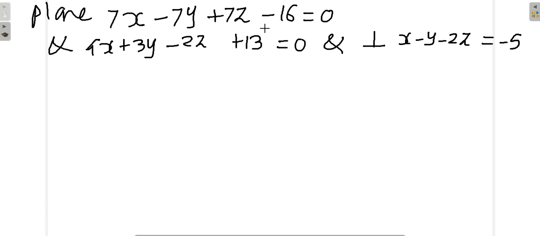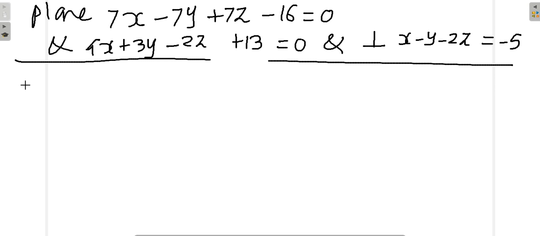So this is the first plane and this is the second plane. So our required plane will be this is 4.